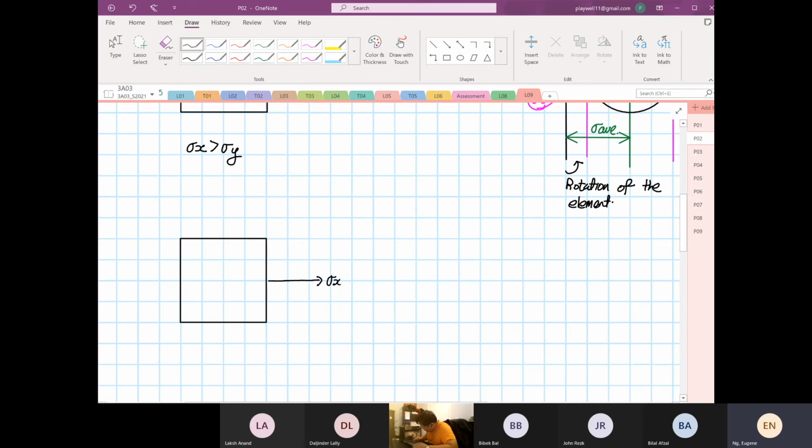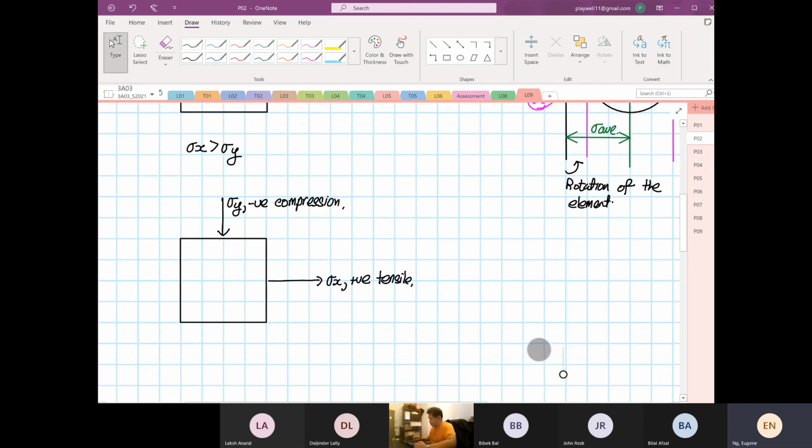So point X is positive, and this is in tensile. Now, if the arrow points towards the surface, into the surface like this side, this is stress Y. When it's acting towards the element surface, we call it negative. Negative means it's under compression.